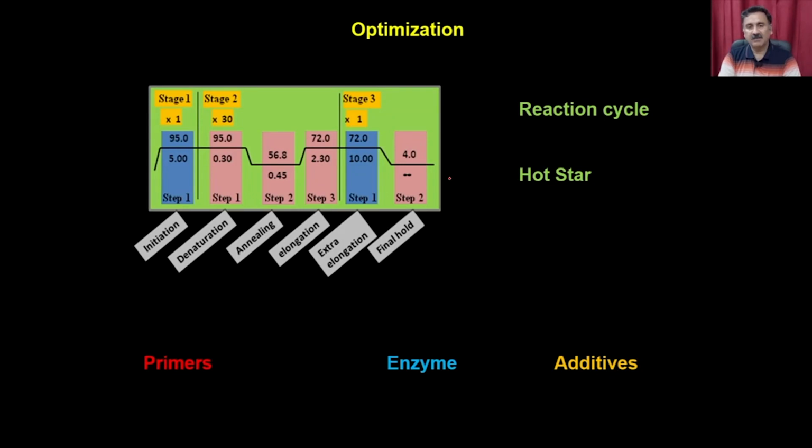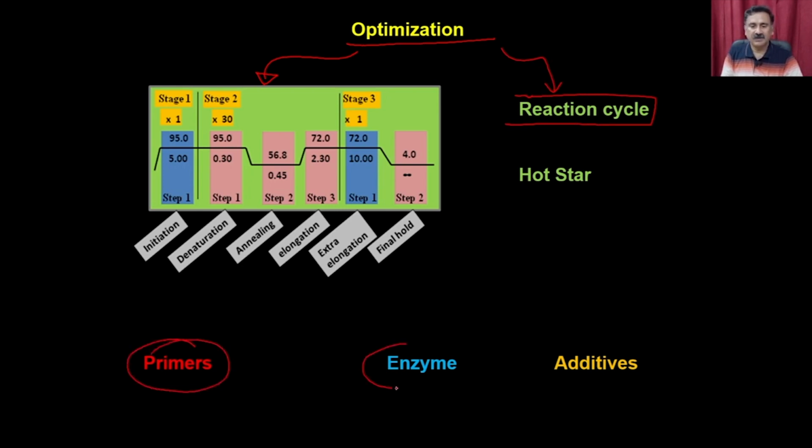So you have to adopt multiple optimization techniques to overcome that problem. Optimization could be at the stage of setting up the reactions, or even at the reaction cycle. Sometimes the optimization can be done for primer sequences, enzymes, and additives. So you can use many of these things.